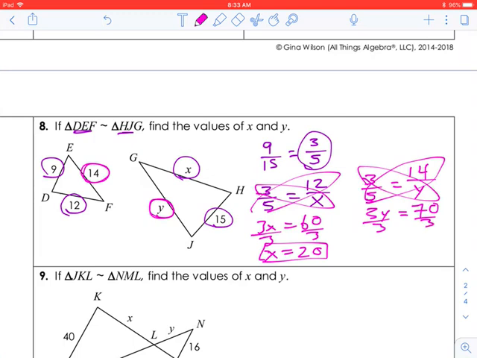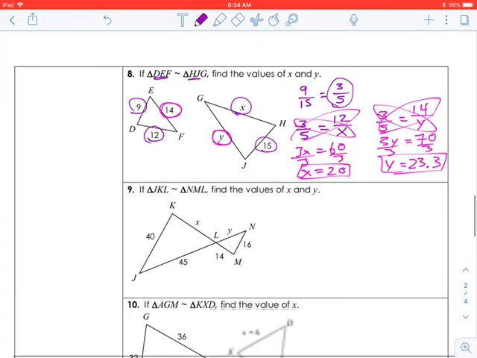And when I divide by 3, I get y equals, I'm going to use my calculator on that one. I think it's 23.3, but I'm going to check. Divided by 3, 23.3 is my answer. And there we are.